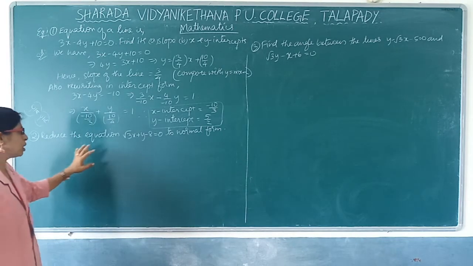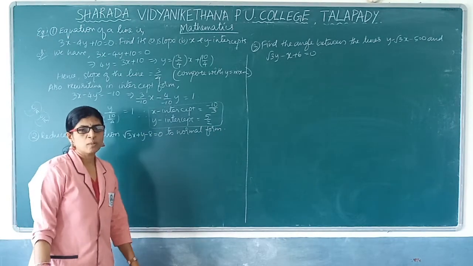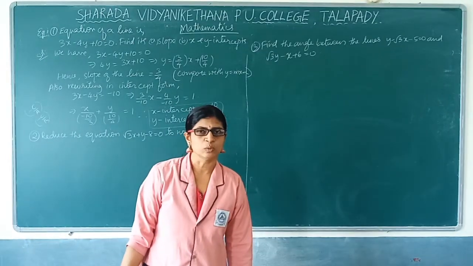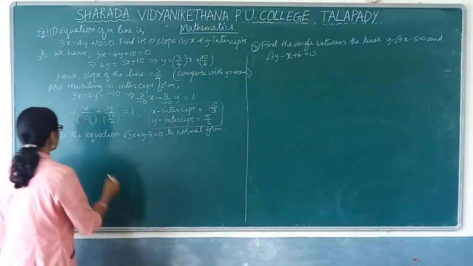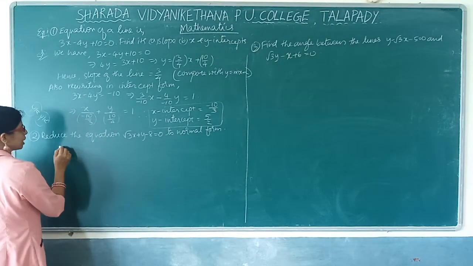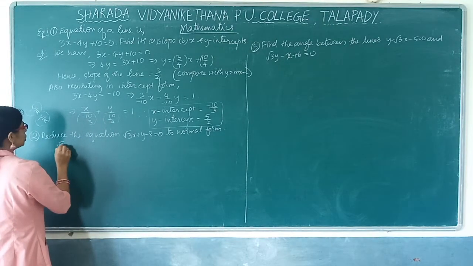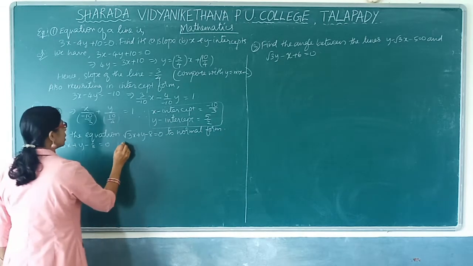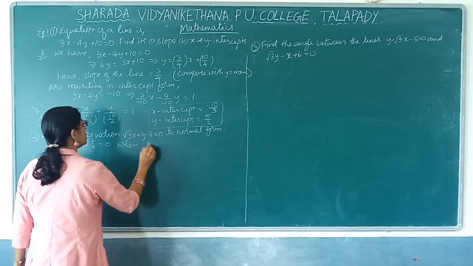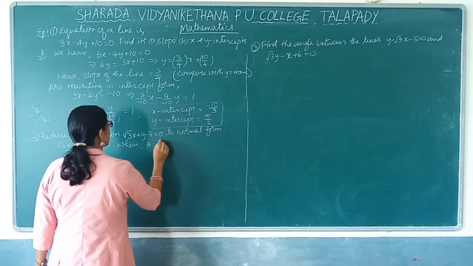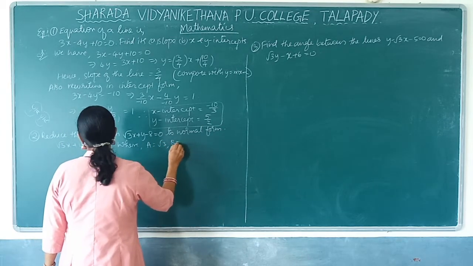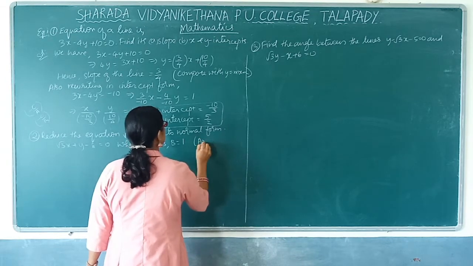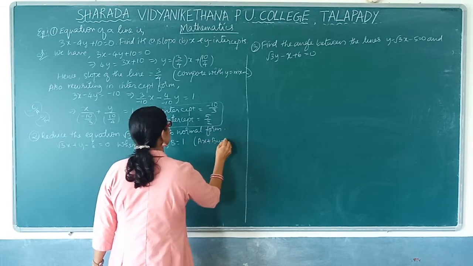Next, reduce the equation to normal form. Normal form, I have told you what is cos omega, sin omega and p value. Based on that, we will do this. So first let us find A, B, C. Root 3x plus y minus 8 is equal to 0. Where A is equal to root 3, B is equal to 1, comparing with the general form ax plus by plus c is equal to 0.